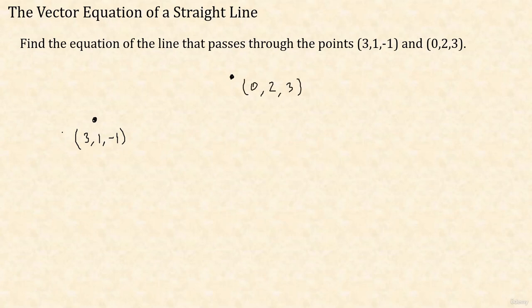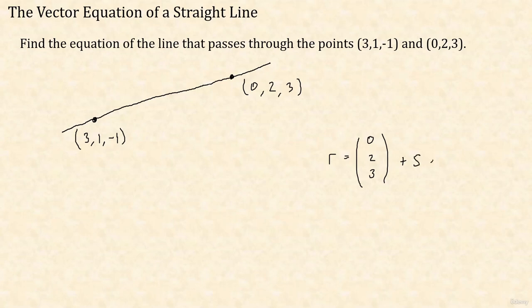And so the line which goes through these 2 points, well, I can just take a position vector of either one of these points. I'll go with (0, 2, 3). And then I want any amount of, and I'm just going to use s here to show you that it's not always lambda.